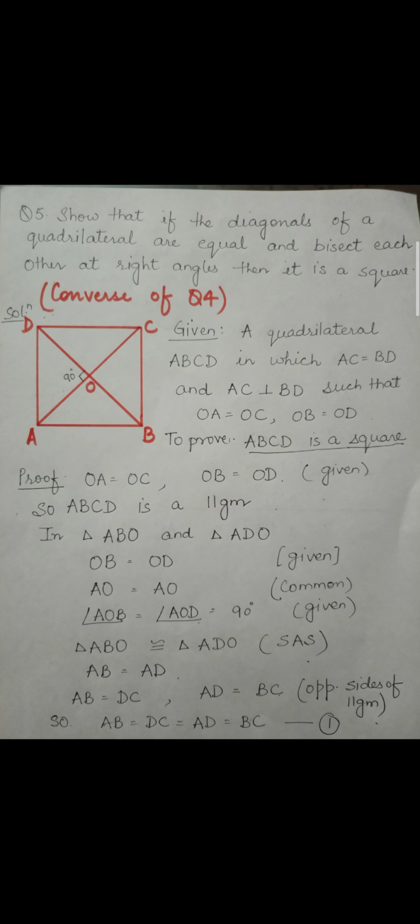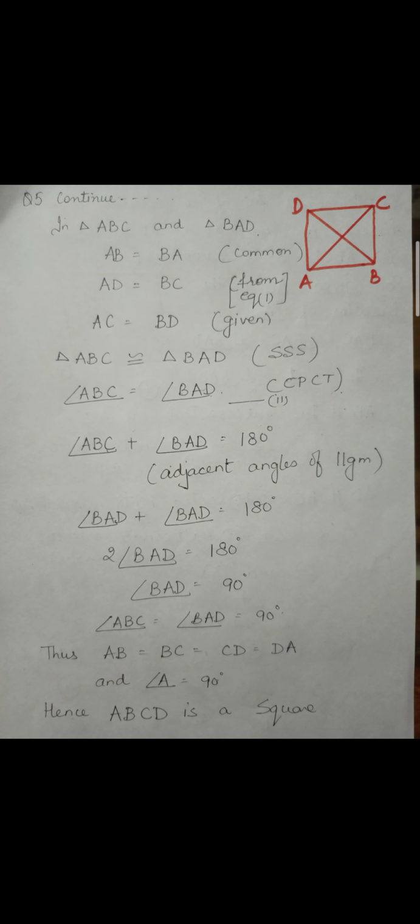So we need to prove now that one angle in this figure is 90 degrees. Then it becomes a square. So again we are taking in triangle ABC the same proof we have done earlier, that we are taking the complete triangles ABC and ABD.